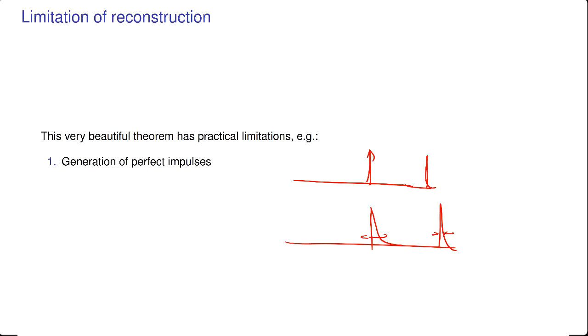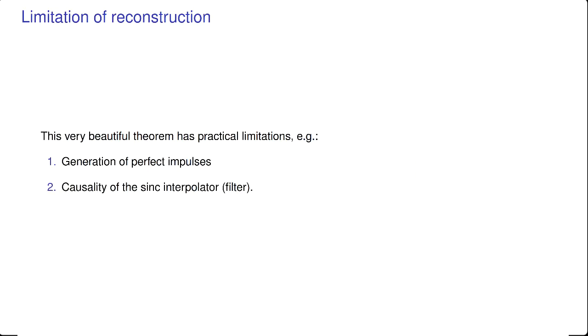You could overcome this, but you will have some errors. Then there is the causality of the sinc interpolator. You could overcome causality by accepting some delay: a couple of samples, 2, 3, 4, 5 samples of delay will allow you to reconstruct almost perfectly.